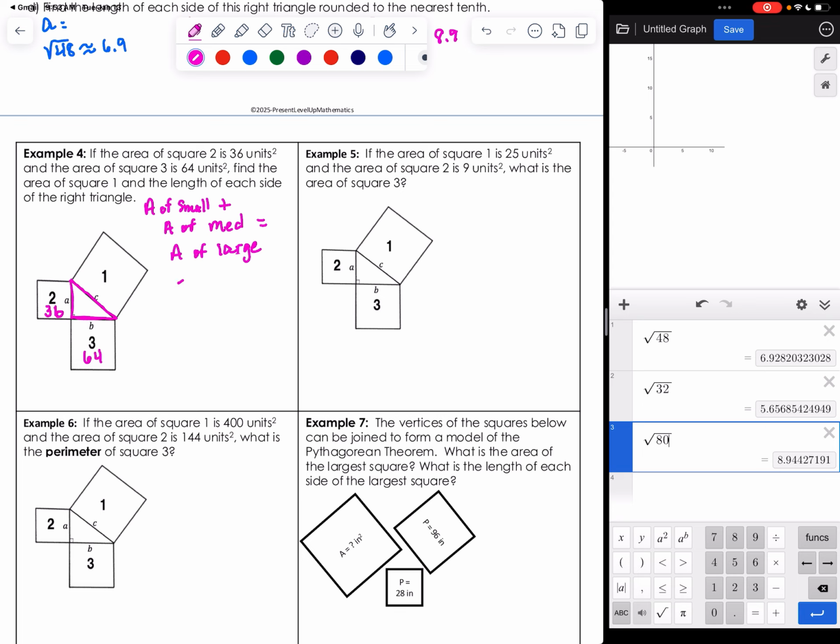So I'm simply going to add 36 plus 64, and that gives me 100. So now I know the area of this square is 100 square units. So I found my first answer.